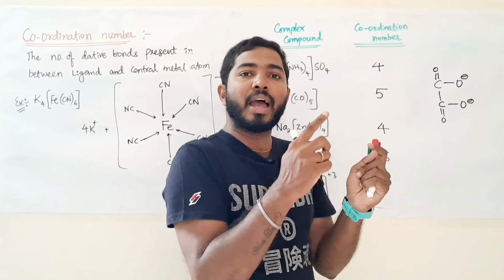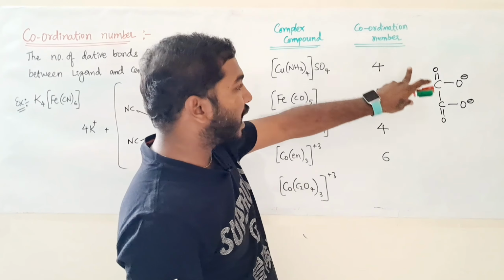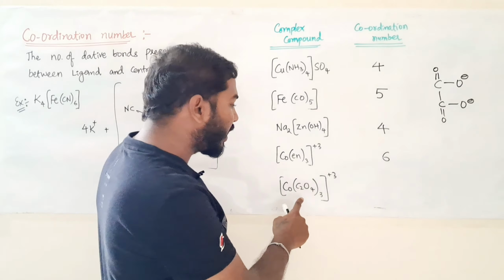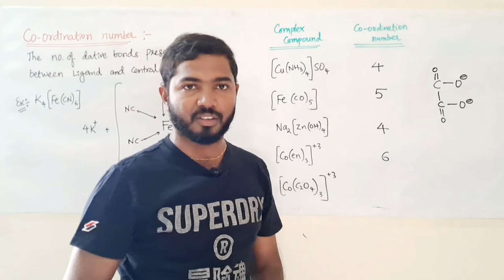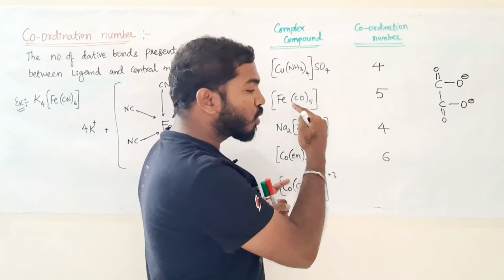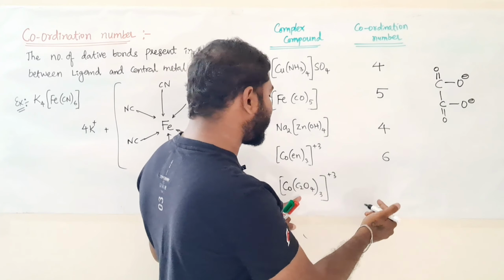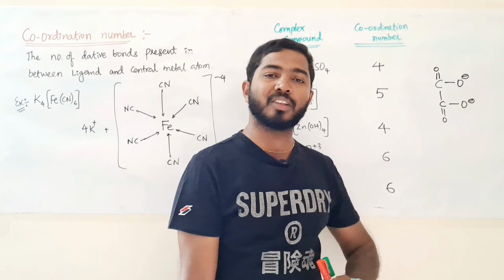The 2 oxygen atoms can each donate 1 lone pair. So one such C2O4 can form 2 dative bonds through 2 oxygens. Such C2O4 groups we have 3, so the coordination number for this particular complex is also going to be 6. Hope you understood, hope it is clear.